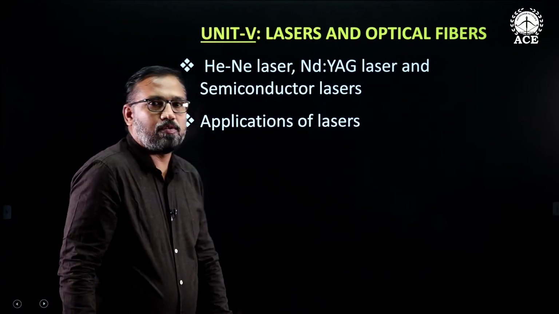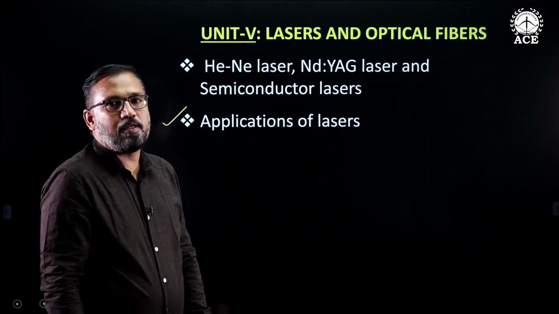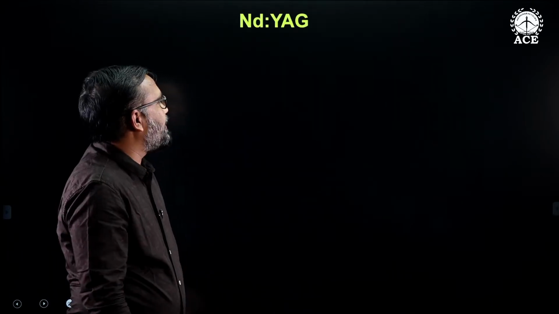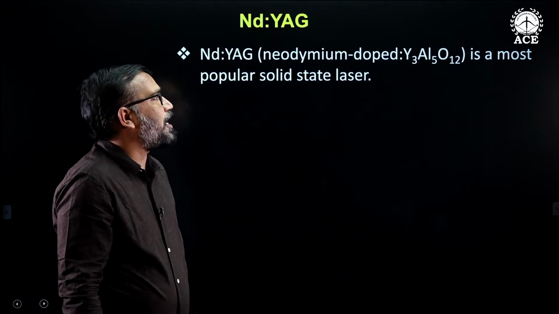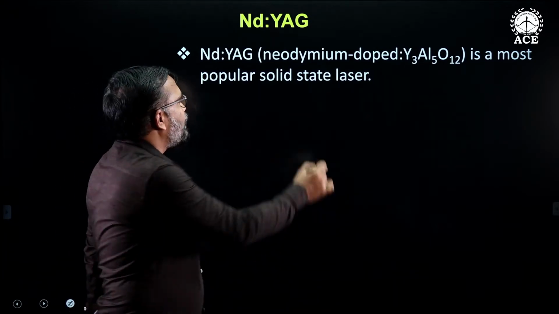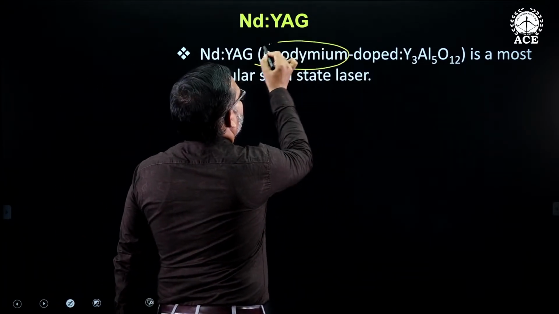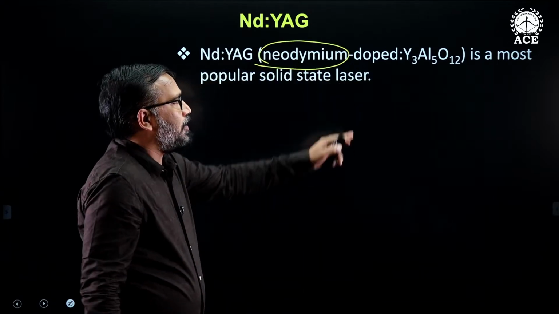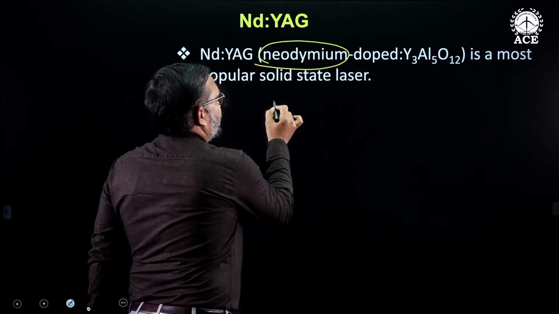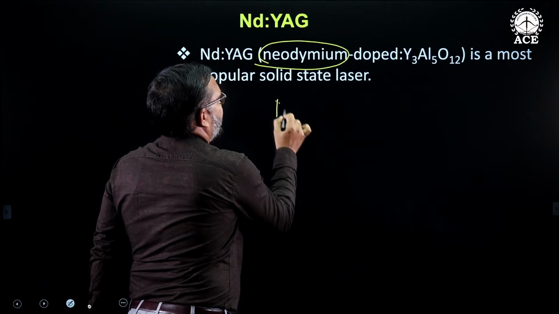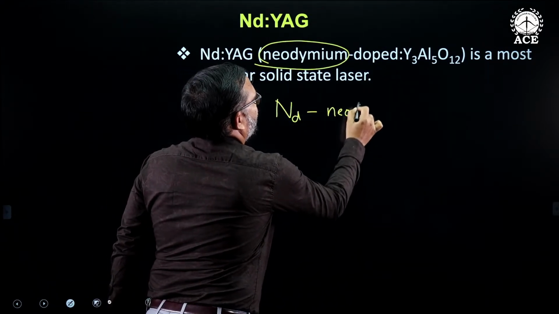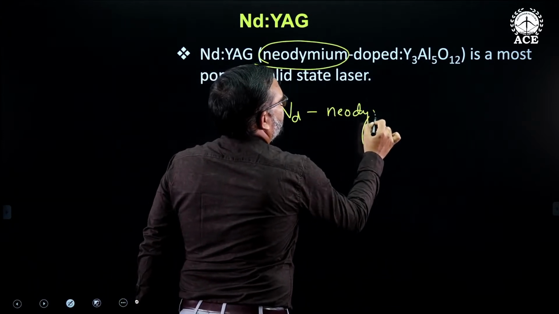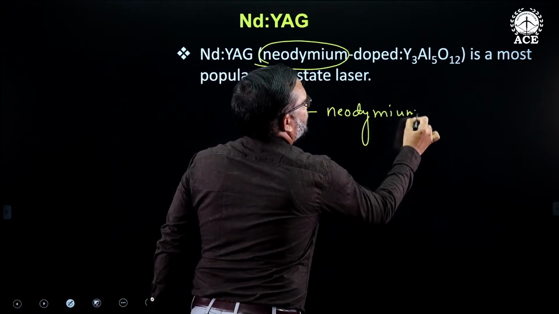Now I am going to explain the Nd-YAG laser. What is the Nd-YAG laser? It is neodymium doped in yttrium aluminum garnet. Nd means neodymium.